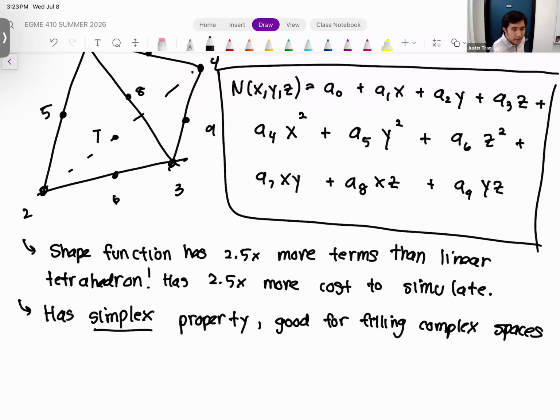The downside to the quadratic tetrahedron, and this is a downside that's also shared with the linear tetrahedron, is that even though it has the ability to fill complex spaces reliably, it doesn't do so very efficiently.